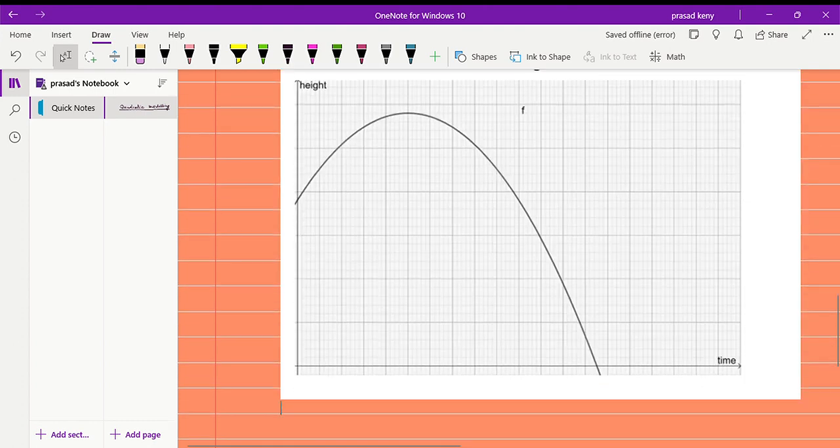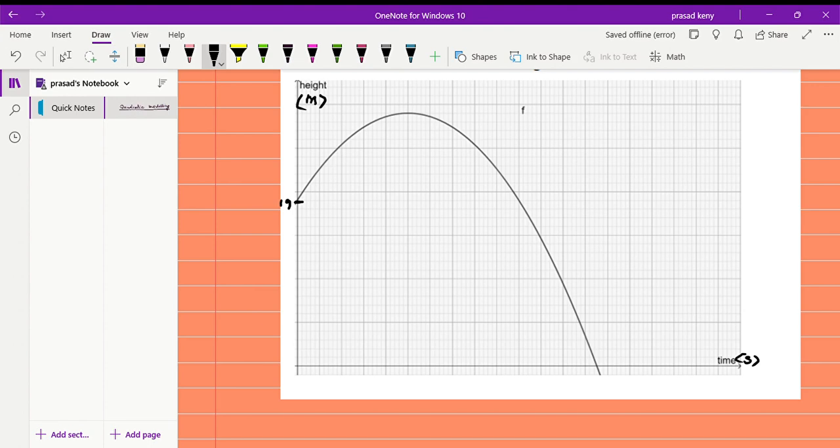Here on y-axis, the height in meters is plotted, and on x-axis, time in second is plotted. Now here the y-intercept is 19. That means the ball is projected from a height of 19 meter above the ground.